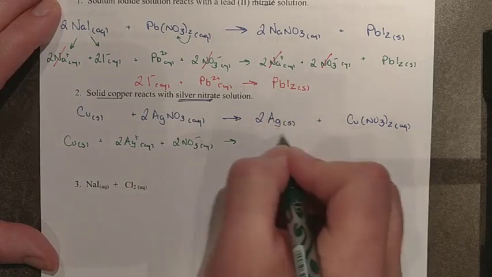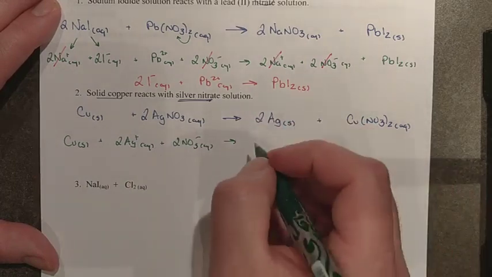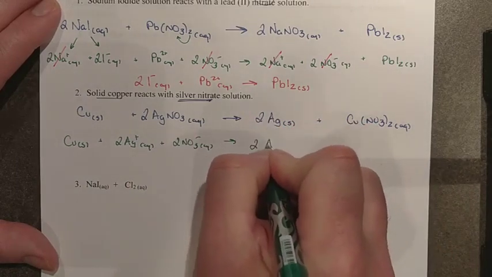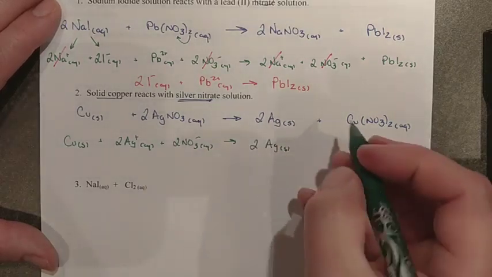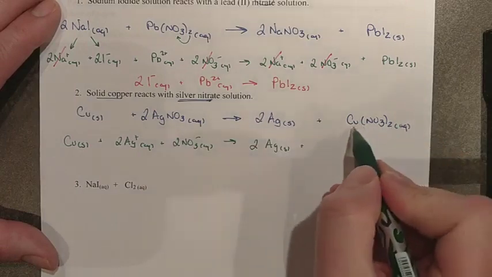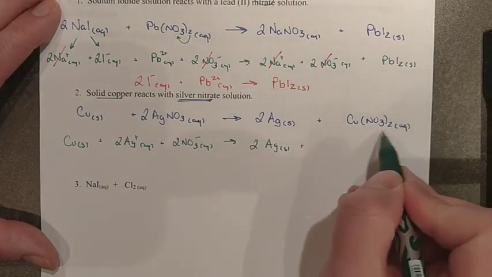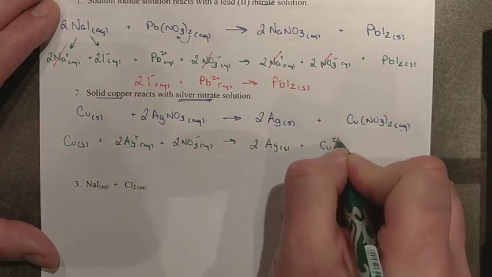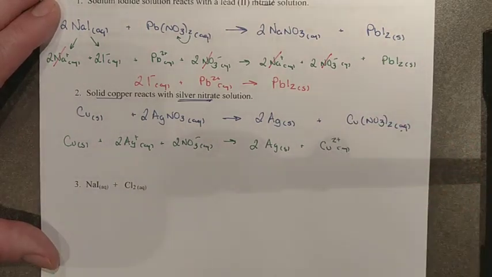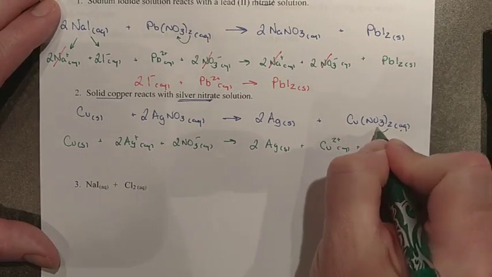Silver, again, as a metal, we would see this as a black precipitate in the reaction, but it's not one of our 2 things that produces new ions in solution, and so I just write it as is. And we found out that copper 2 nitrate is also a soluble ionic compound, so it will break apart into 1 part copper 2+ ion and 2 nitrate ions.